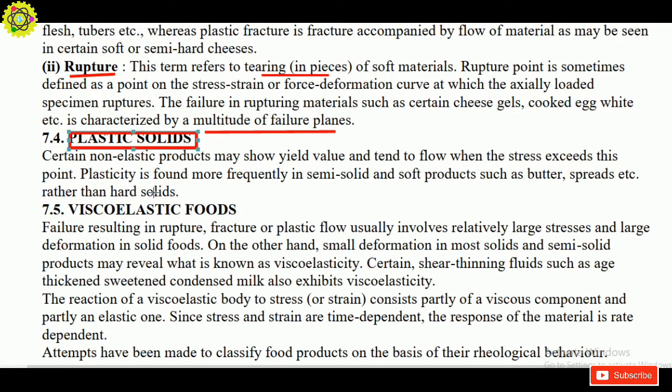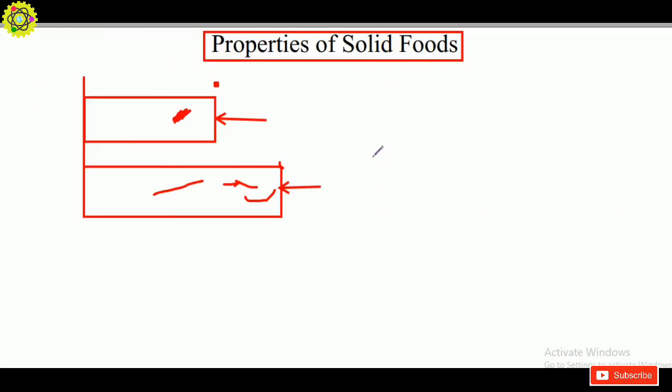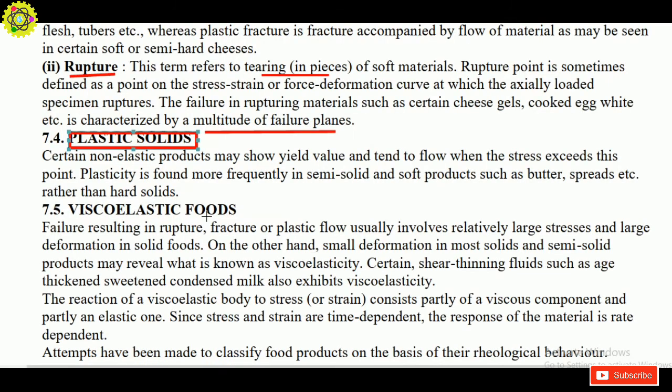A plastic solid has plasticity, that is, when it is a non-elastic product and we stress it to a certain level, it remains in that position and does not return to its original position. This is called plasticity, that is plastic food or plastic solids.